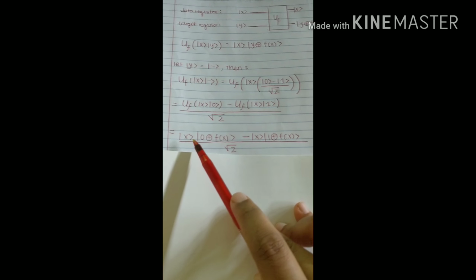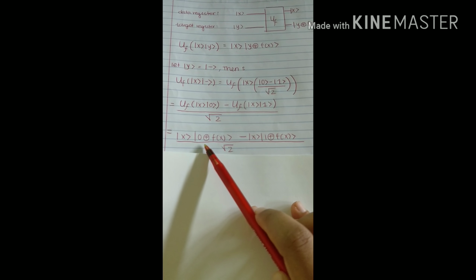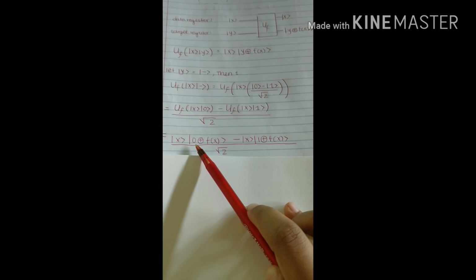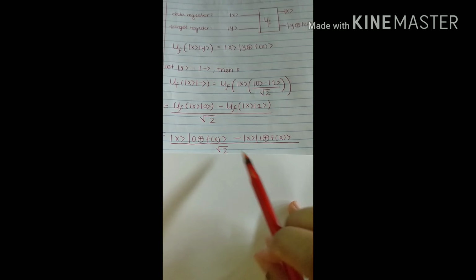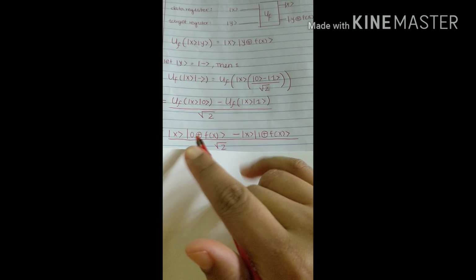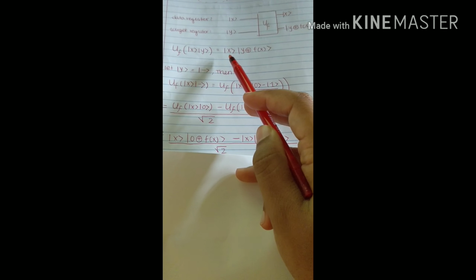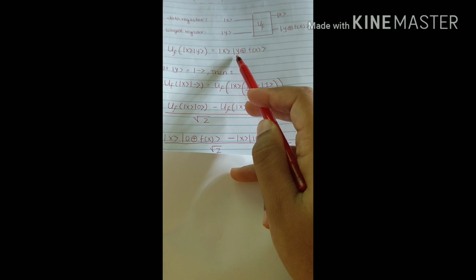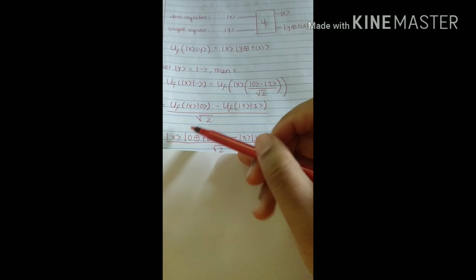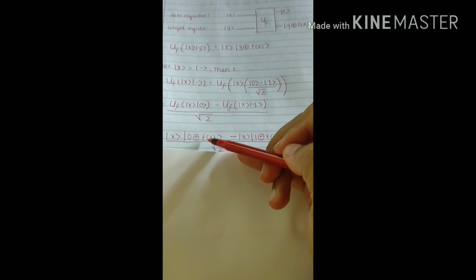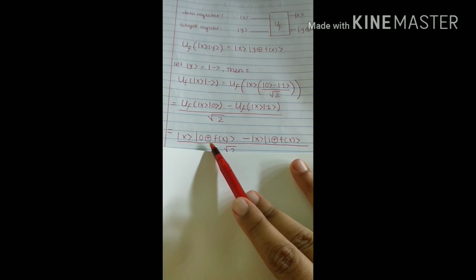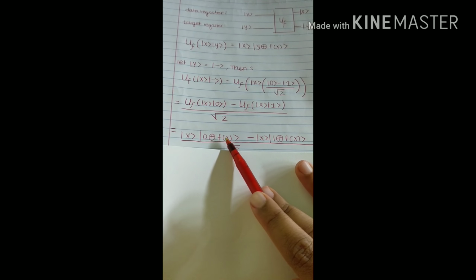The result is x tensored with 0 binary added to f of x, minus x tensored with 1 binary added to f of x, over root 2. Remember, this is because we said the output is x tensored with y binary added to f of x. Here our y was 0, but in this case our y was 1. So remember what we said: 0 binary added with anything is that thing.